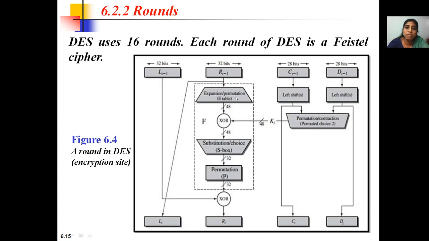Here also we transpose the values, so all the 32 bits are converted to 48 bit values. Then we XOR with the key values.